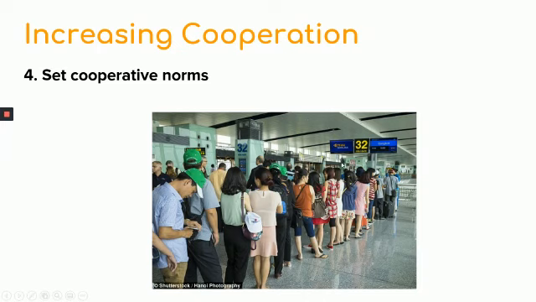It's just a big mess of people trying to push up to the front. Of course, most of us hate that situation, right? It causes a lot of problems. People start sort of hating each other, and people start pushing each other. It shows even with silly things like airport waiting lines, if there's not the cooperative norms, it can get really kind of nasty.